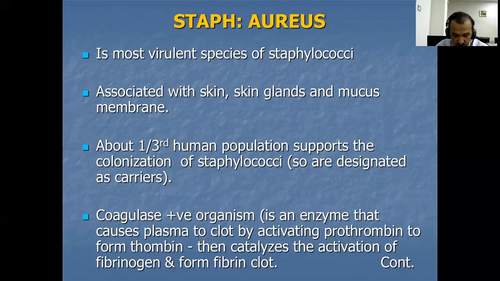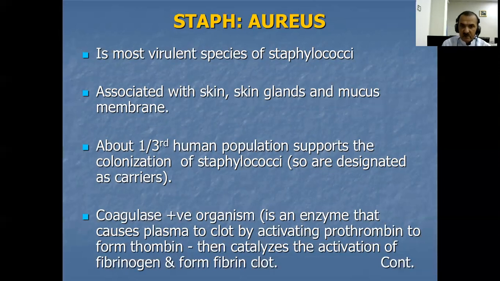For example, Staphylococcus aureus produces golden colonies, so it is known as Staphylococcus aureus. Some species produce white colonies, so that species is known as Staphylococcus epidermidis. And the third species produces lemon-colored colonies and is known as Staphylococcus saprophyticus.